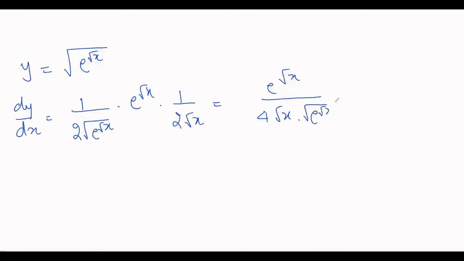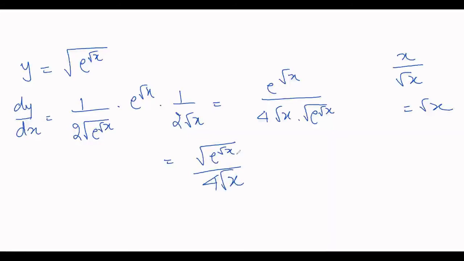Now suppose you had x over root x. This is nothing but root x. So therefore I can rewrite my answer as square root of e power root x divided by 4 root x. Okay, clear this?